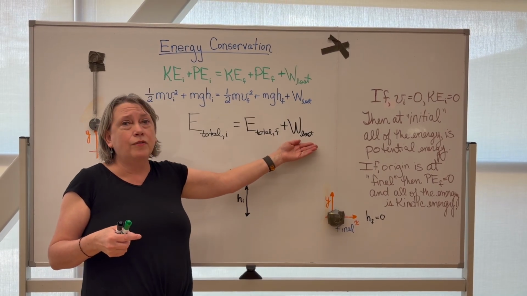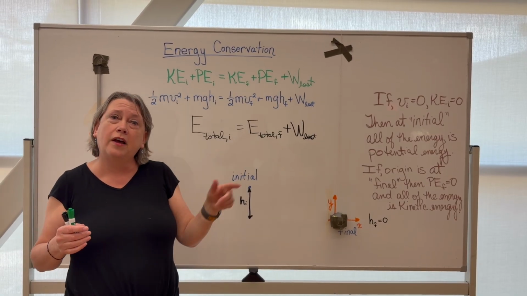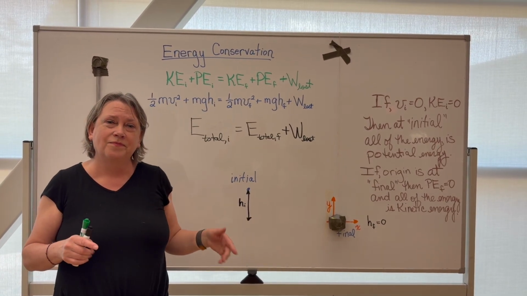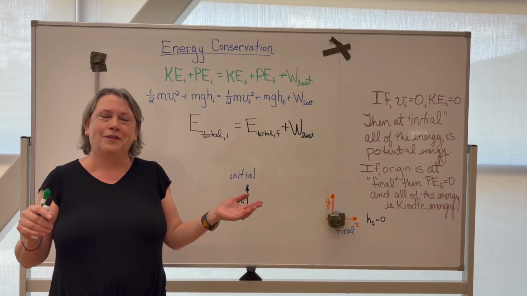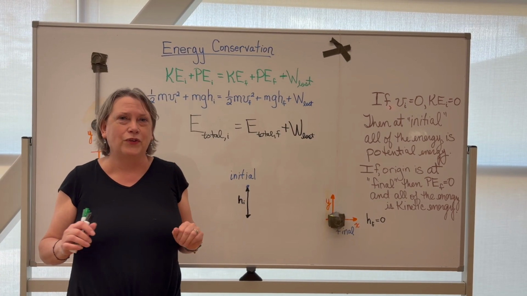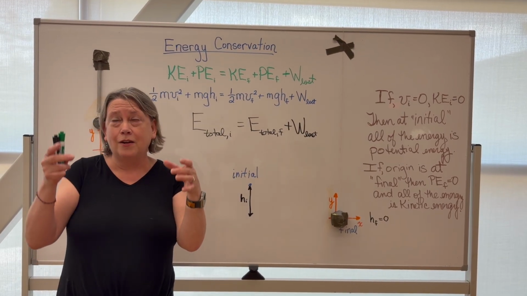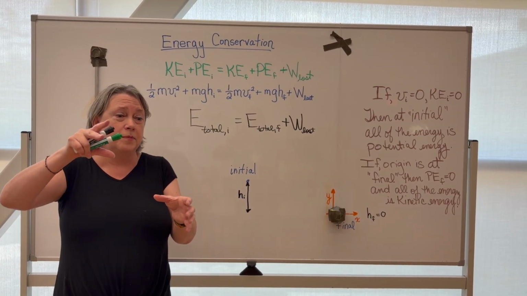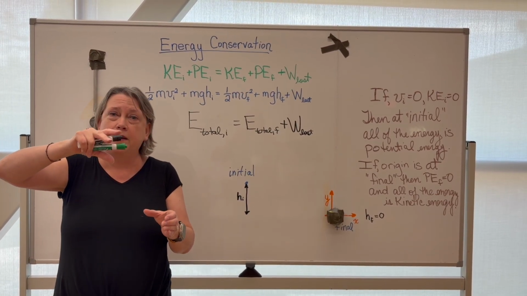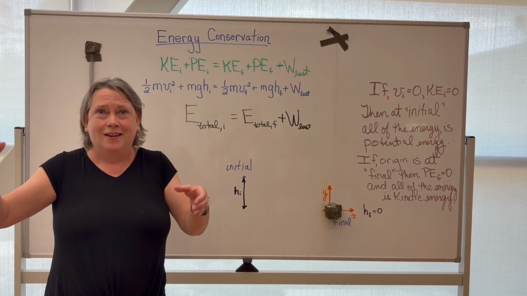In the case of work loss, we're going to have work loss sometimes due to non-conservative forces. In this course, the only non-conservative force that we're going to be dealing with is friction. And the way you can relate that to this analogy of two glasses of water is I'm still pouring the water from one glass to the other, but as I do it, I'm spilling.